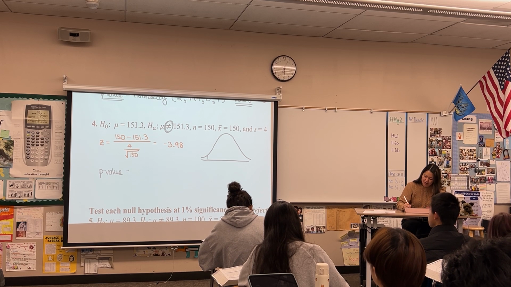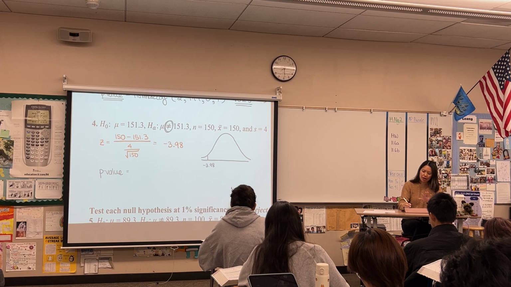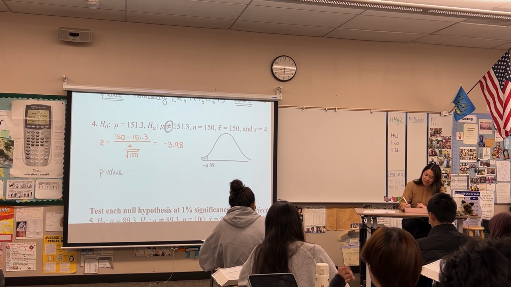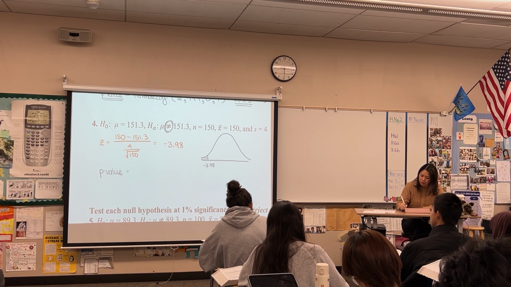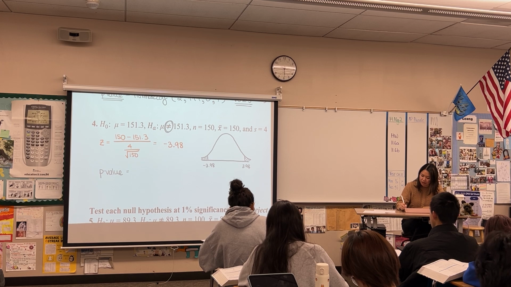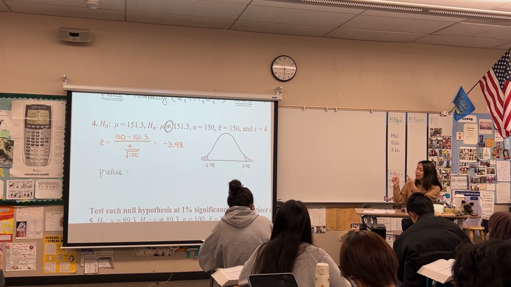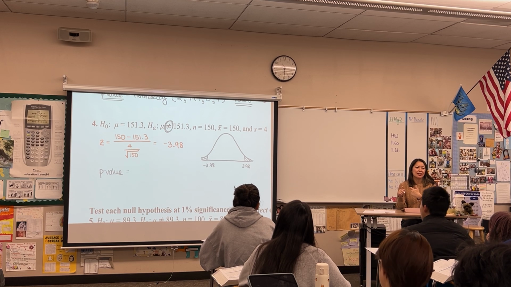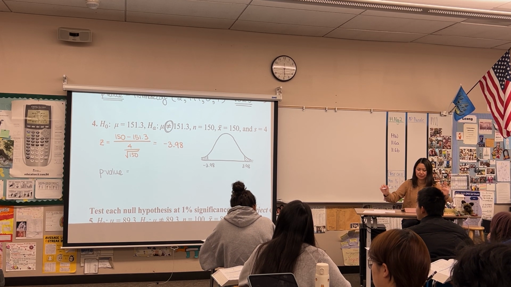All right, so we got our z of negative 3.98. I want the area to the left of that, right, going away from the center, but I also want the area to the right of the positive version. Okay, so the combined areas, that's going to be your p-value. That's going in both directions.